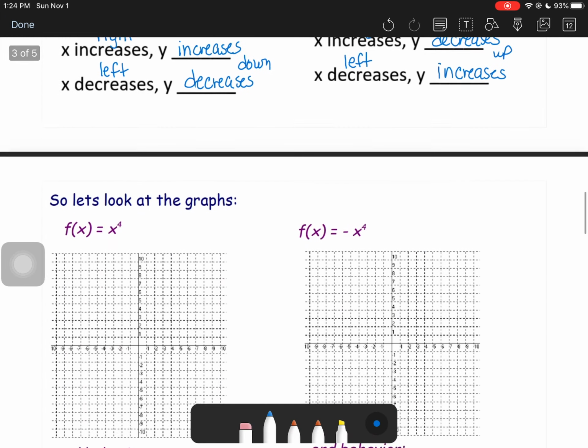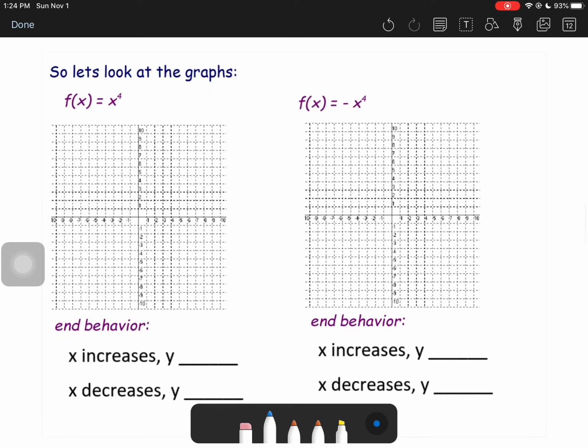All right, what about an x to the 4th function? And this is the last one that we'll do. So it's interesting with x to the 4th. If we do 0, 1, 2: 0 to the 4th power is 0, 1 to the 4th power is 1, and 2 to the 4th power, 2 times 2 is 4, times 2 is 8, times 2 is 16.